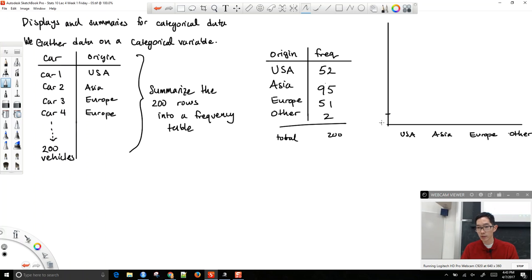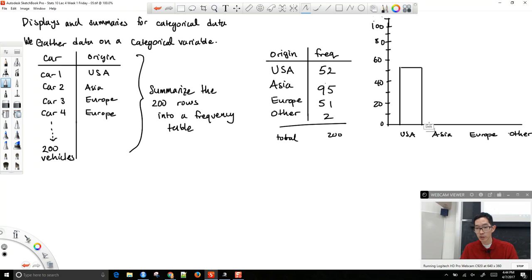Now let's start off at 0. 10, 20, 30, 40, 50, 60, 70, 80, 90. This is 100 right here. For USA, we would go up to 52.